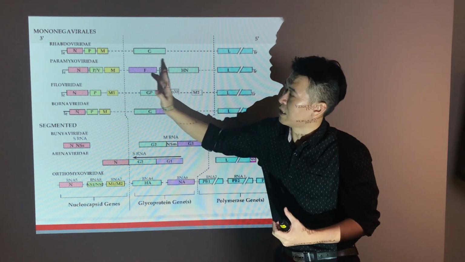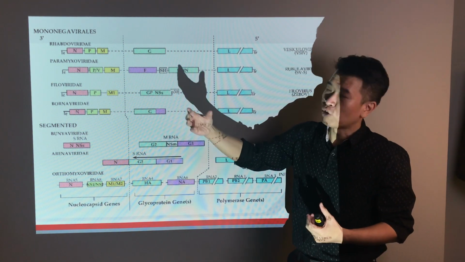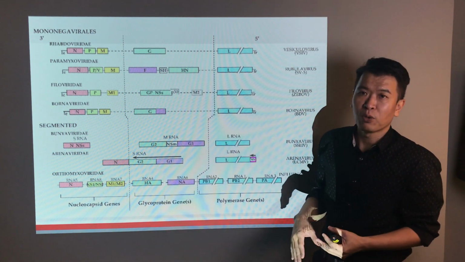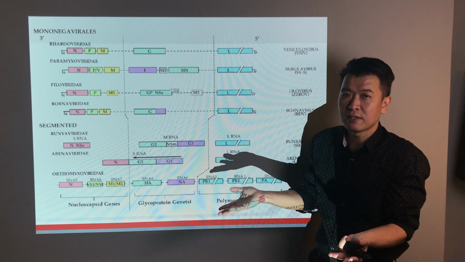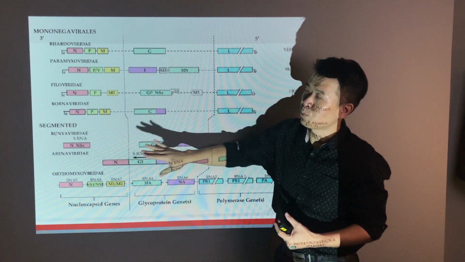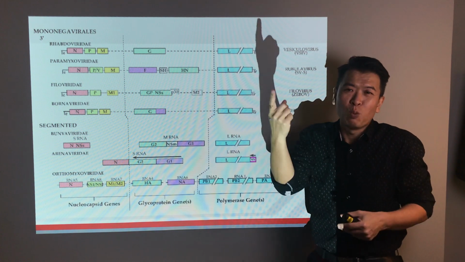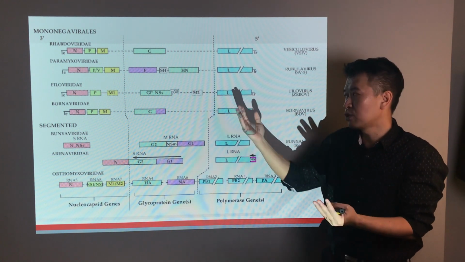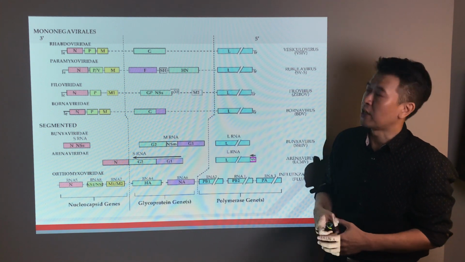Whereas for the rest, like the nucleocapsid, you need a lot to protect the RNA. You need a lot of fusion protein to be displayed on the surface of the virus, whereas for polymerase, you just need 1 or 2. That's why most of the time the polymerase of viruses will fall at the end of their genome.